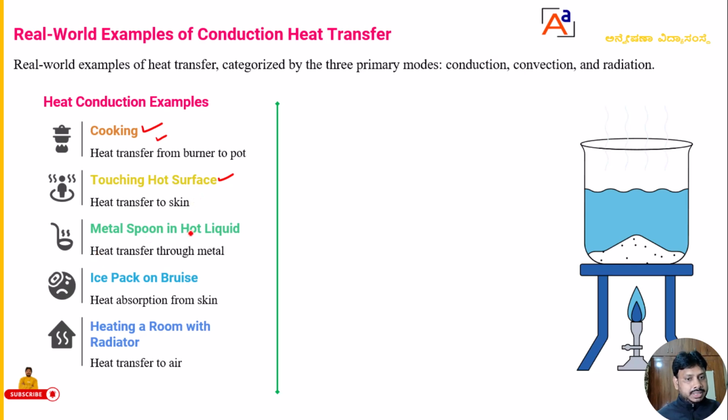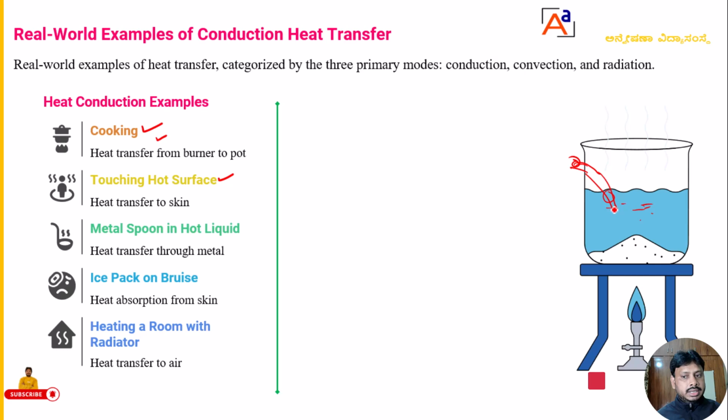Then metal spoon, dear students. Metal spoon in a hot liquid. If you put a metal spoon in a hot liquid and leave it for 1 or 2 minutes, or 5 minutes, you are going to feel heat at the other end. The hot water is here, but the spoon is dipped into the hot water. Over a period of time, you experience heat at this end.